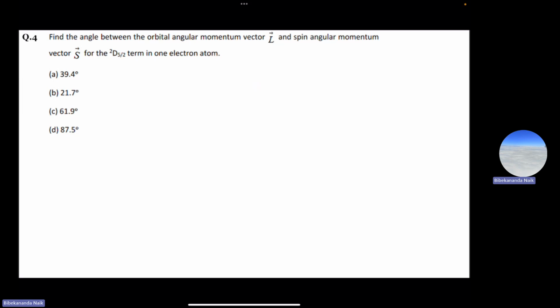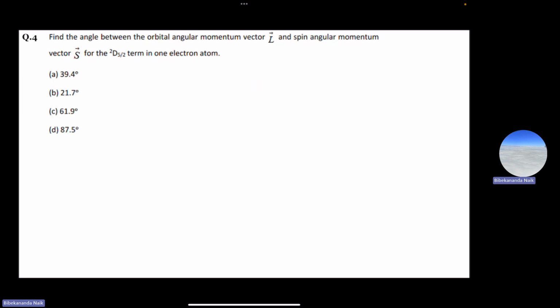So these type of questions we have solved in the previous interaction sessions. In one interaction session, as much as I can remember, we also derived the expression for how we can calculate the angle between L vector and S vector. So if we remember the formula, it's okay.